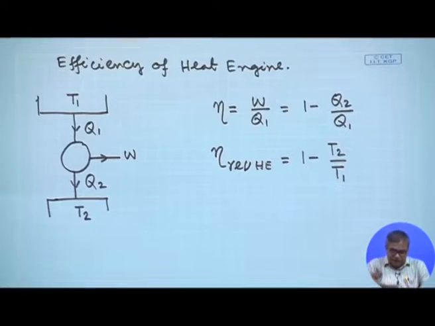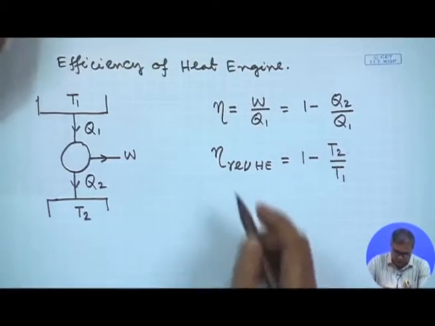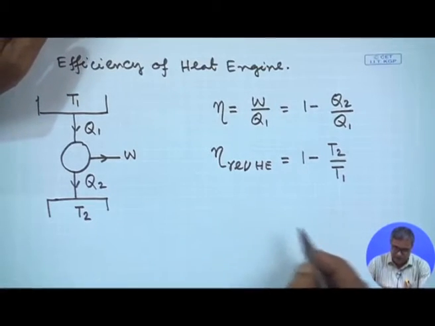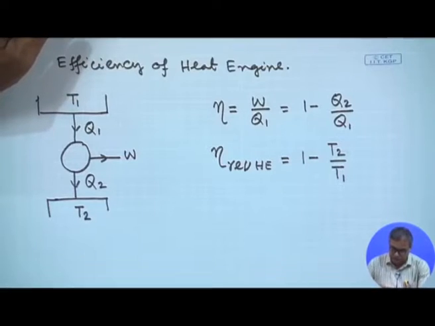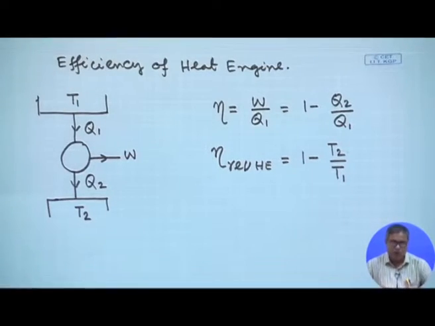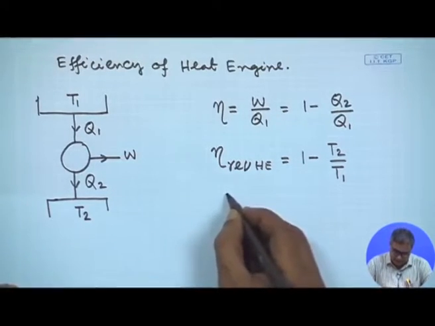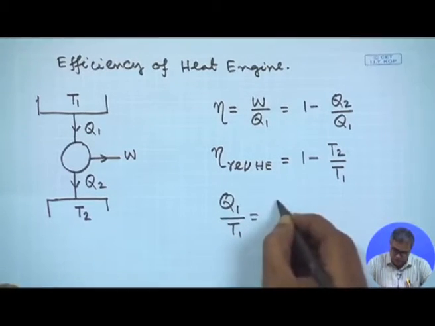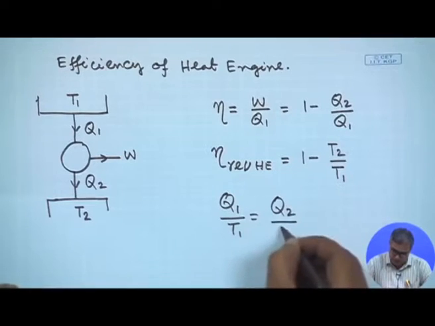Basically, if the engine is operating reversibly, then the heat transfer processes are also taking place reversibly. Then for a reversible heat transfer process, what we get is this: Q1 by T1 is equal to Q2 by T2.